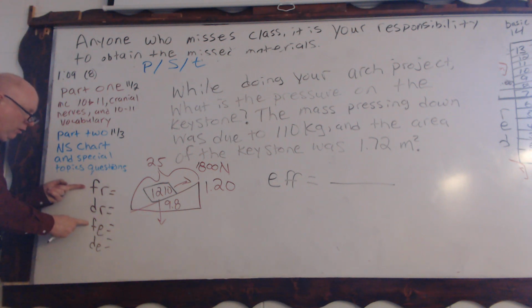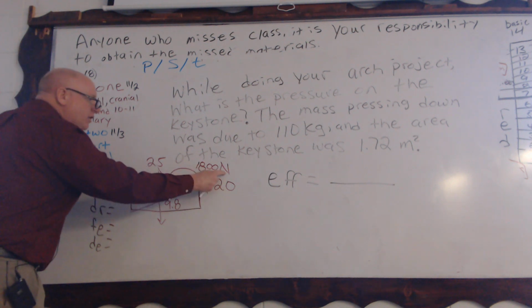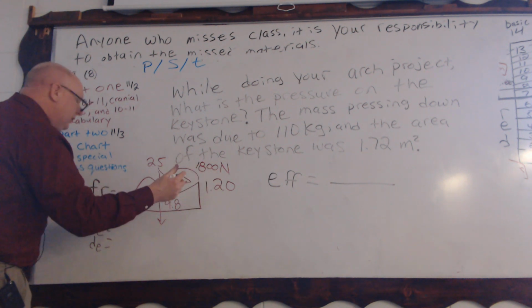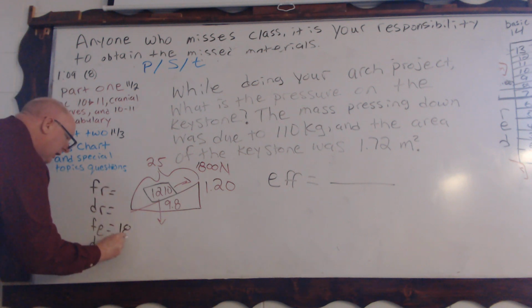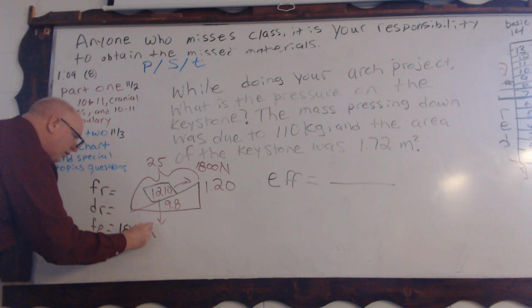Why is it only those two possibilities? Because what are forces measured in? Newtons. So this has to be a force because of that label. And you said correctly that you're putting that much effort into it, 1,800 newtons.